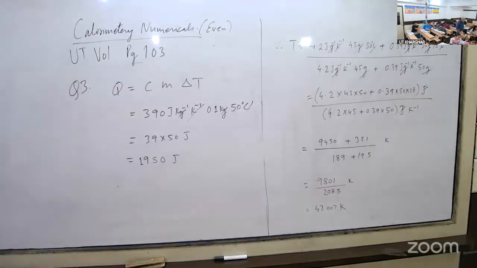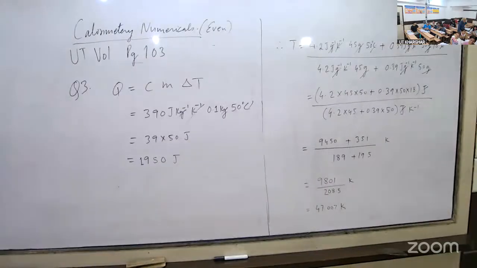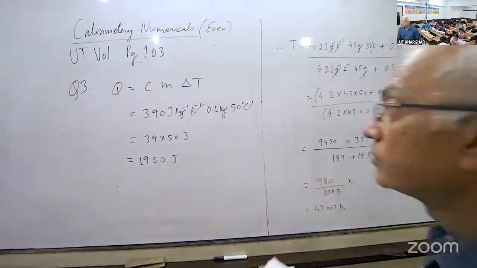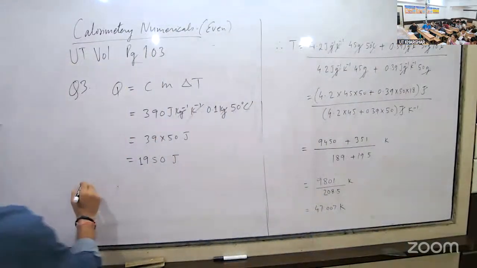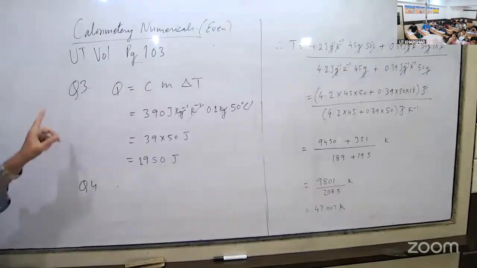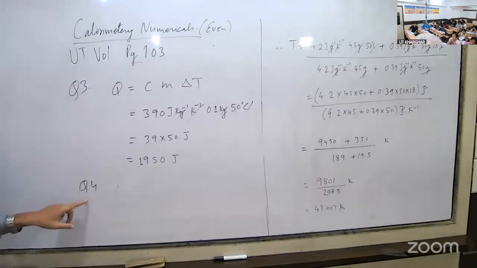This is question 7. What is your question? That is question 3. And we are now talking about question 7, which is here question 4. The question number written on the board is from volume. Just see which question it is in Selena.